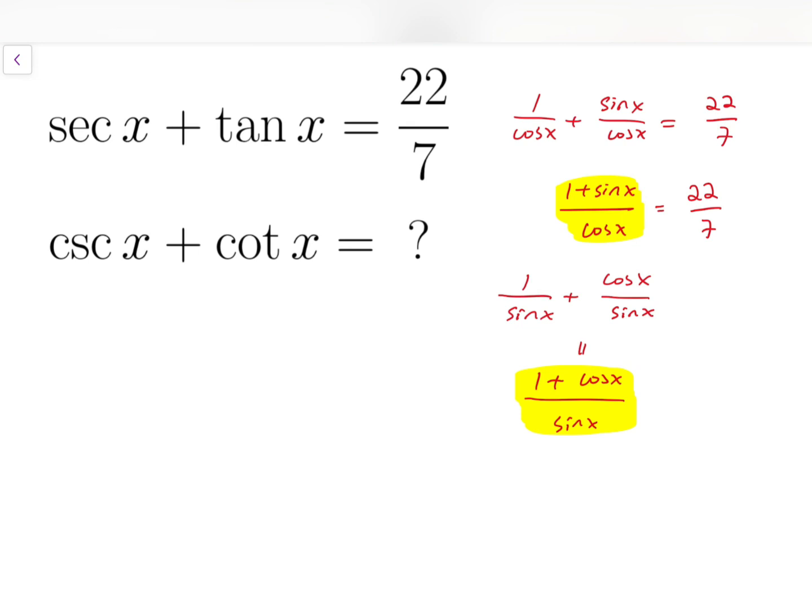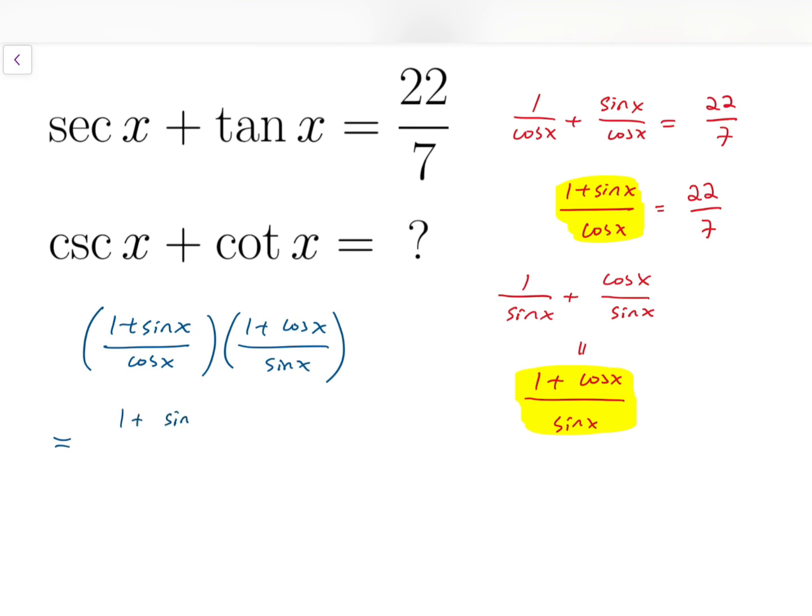So that means if we multiply, there will be some sort of symmetry between sine and cosine within the product. If we multiply, we will have 1 plus sine plus cos plus sine times cos over sine times cos.